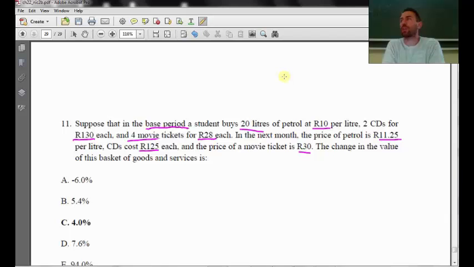The assumption here is obviously that the basket has remained the same. So. Okay, what do you guys think? Are you happy with an answer of 4%? Yeah?